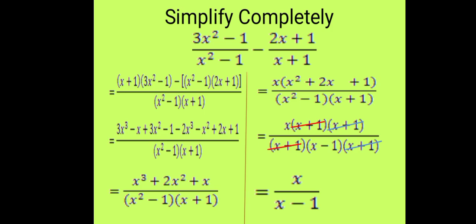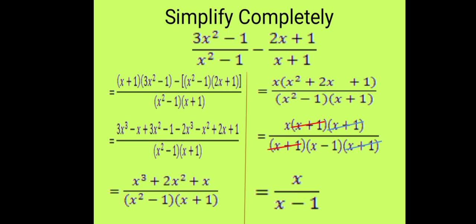Now we can factorize part of the denominator, this part x squared minus 1. If we factorize it, it becomes x plus 1 multiplied by x minus 1, and then completing the denominator multiplied by x plus 1. Now we can factorize the numerator, that part x squared plus 2x plus 1, it becomes x plus 1 multiplied by x plus 1.